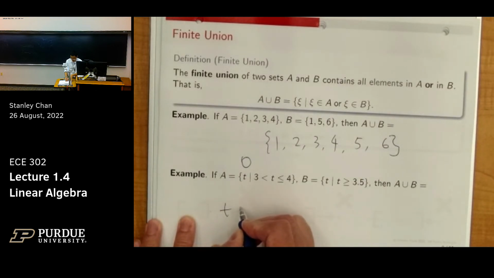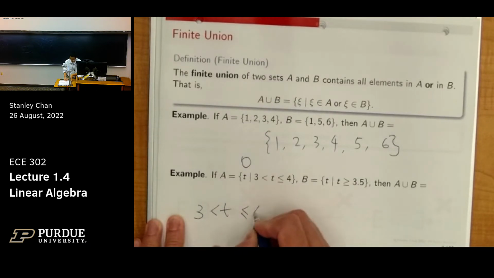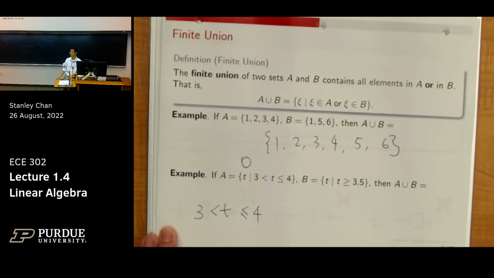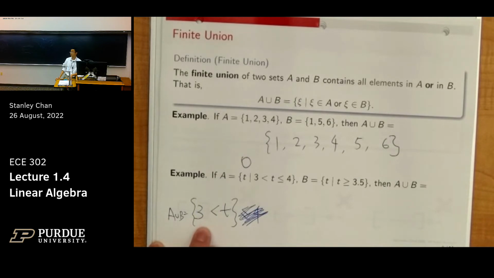T has to be bigger than 3, right? So this is A union B equals this set, T greater than 3.